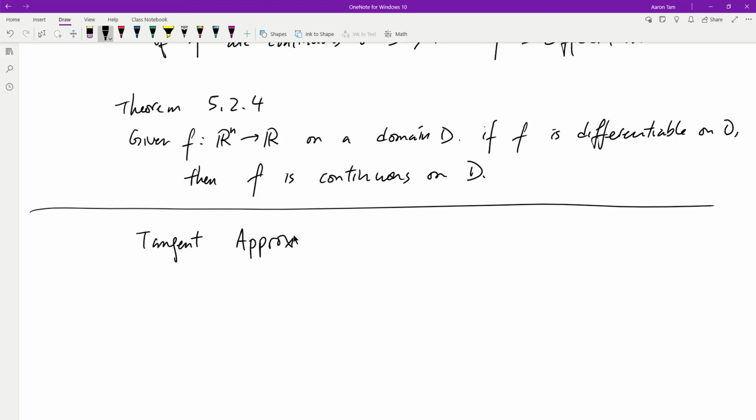Something called tangent approximation. So what is a tangent approximation? Well, as the name suggests, approximation basically means you try to approximate something or try to guess what the value is of something.